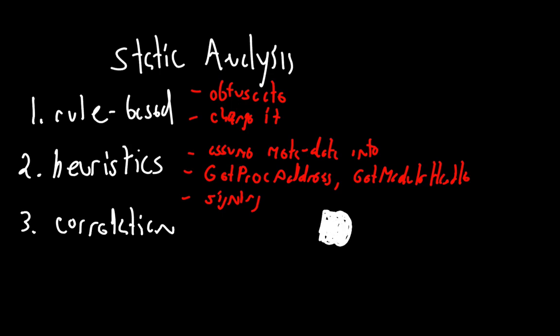But let me give you an idea of where correlation goes as well. So here's a binary. And earlier this year, researchers demonstrated that they were able to take a binary that was known bad, an unaltered known bad example, and append to it a program that was known good. And this particular endpoint security product happens to use that correlation approach I spoke of.